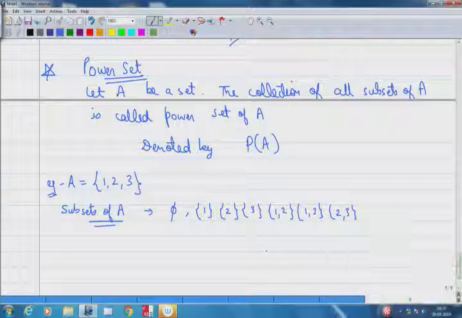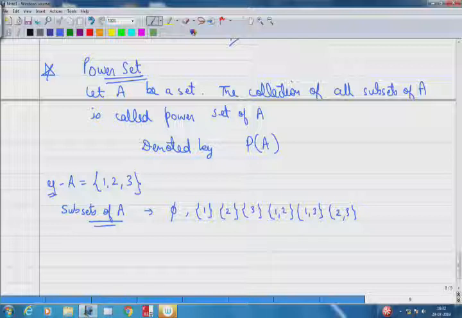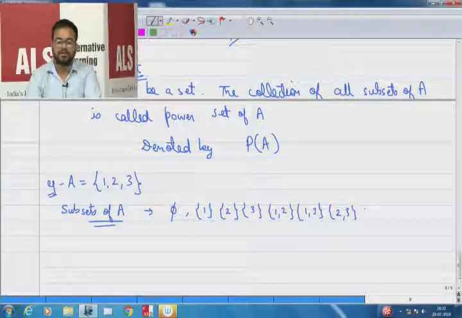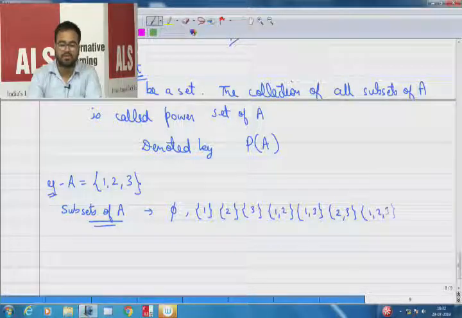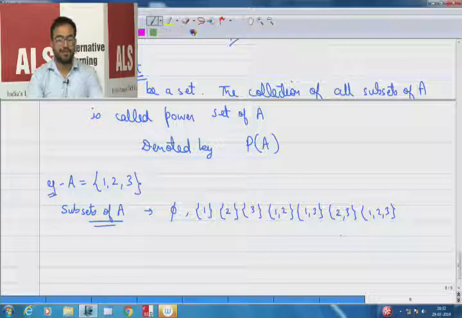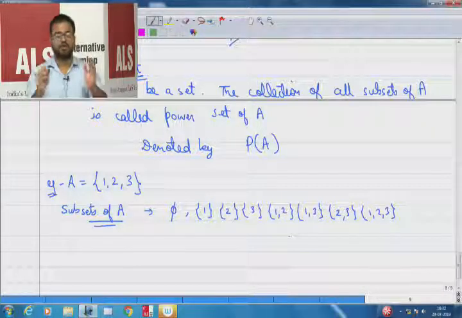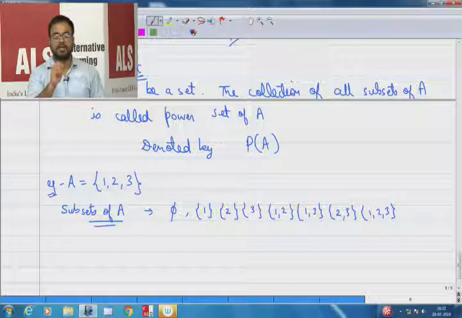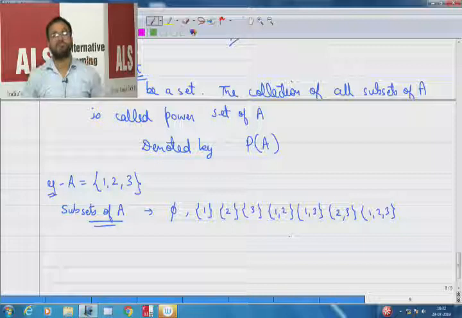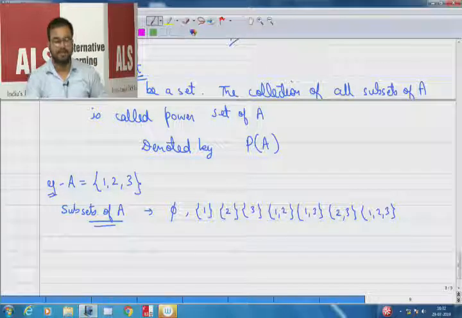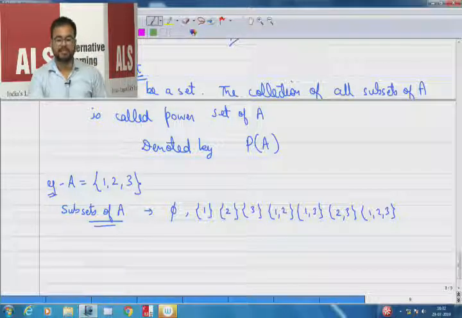And one more important one which we have left: every set is a subset of itself. So the entire {1, 2, 3} is also a subset of itself. Or you can also check: in A we have 3 elements, so the total number of subsets will be 2 power 3, which is 8, and these are the 8 subsets.